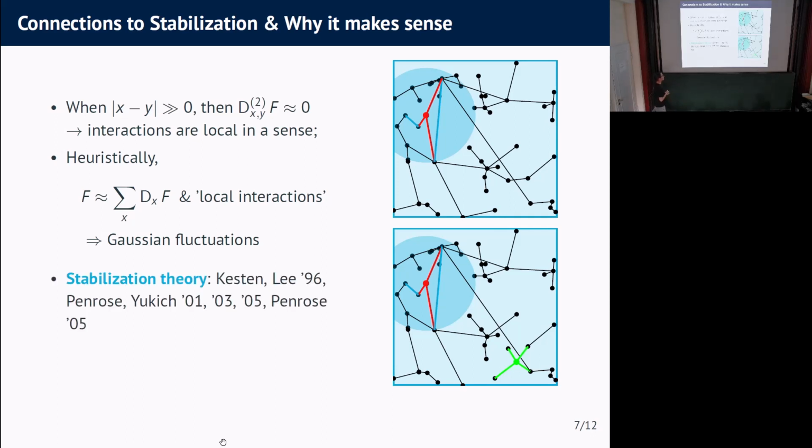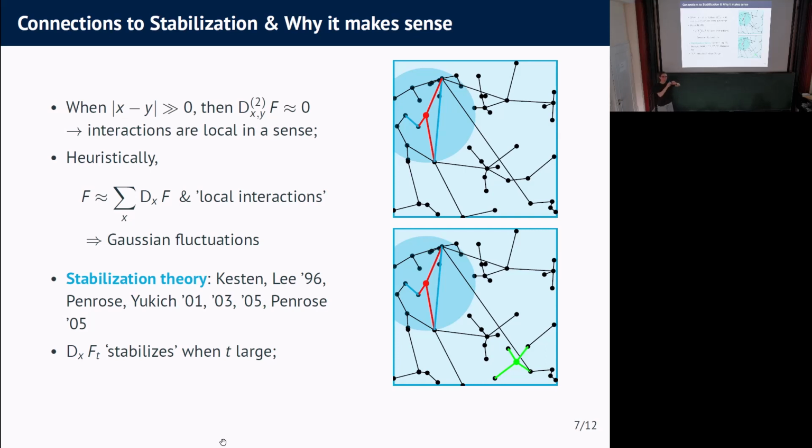And this ties into something called stabilization theory, which makes this more rigorous in that it considers functions that really just look into some specific area of what's going on. It's called stabilizing because, if you look at this influence here, well, it's cut off by the boundary of the observation window.